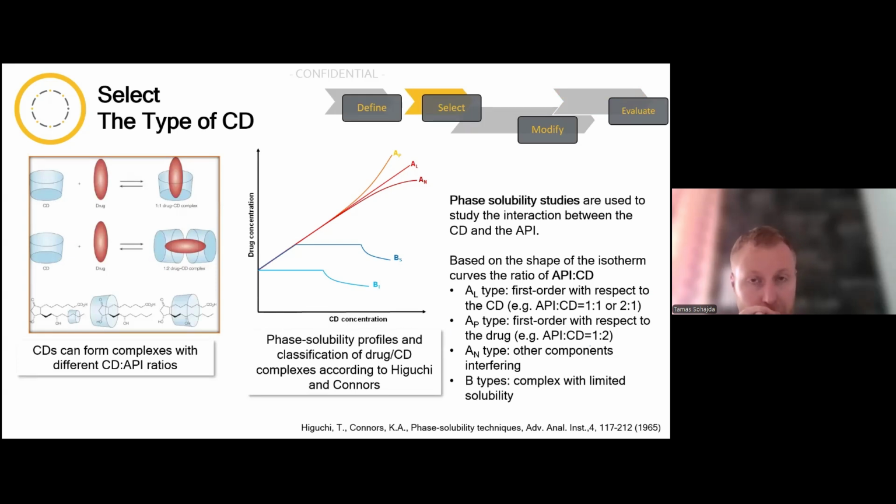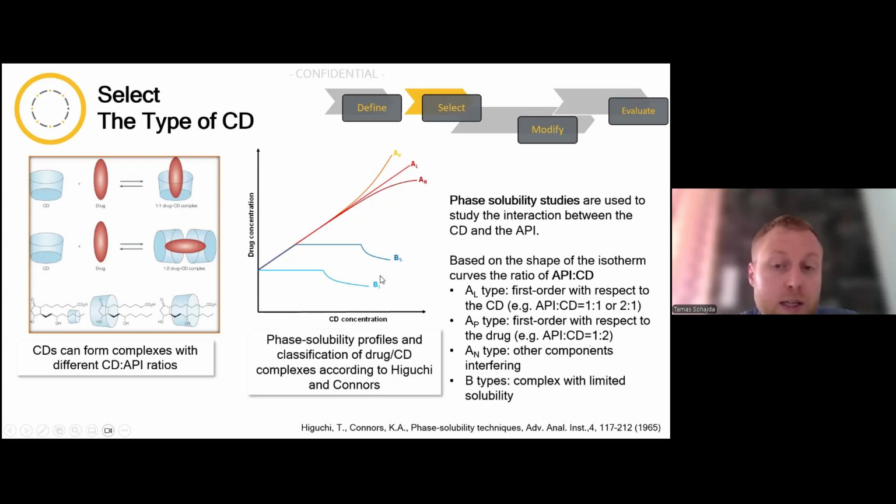So what can we expect when we are making the complex? Because the cyclodextrin and the active ingredient interaction will always be very specific for these two components, we cannot really generalize among all these properties, and cannot really say that by increasing the cyclodextrin concentration, it's ensured that the solubility, for instance, would increase.